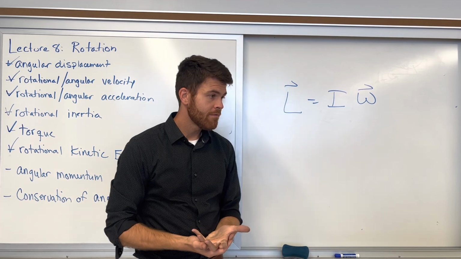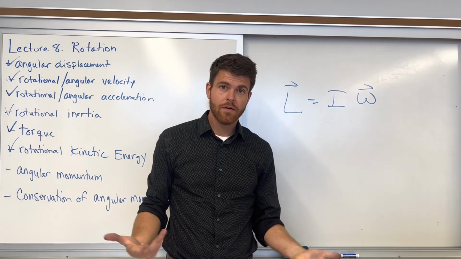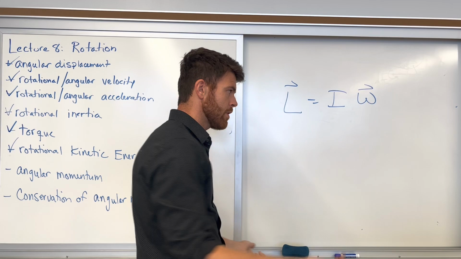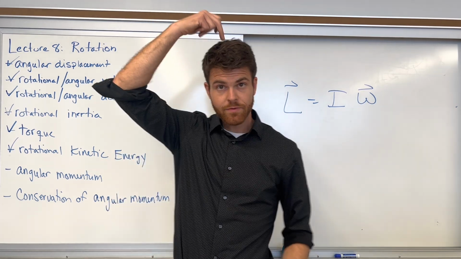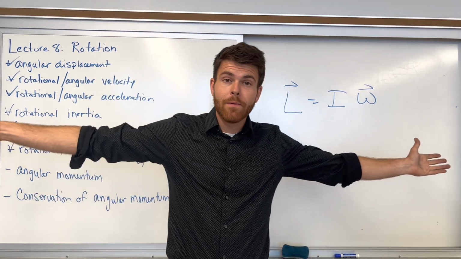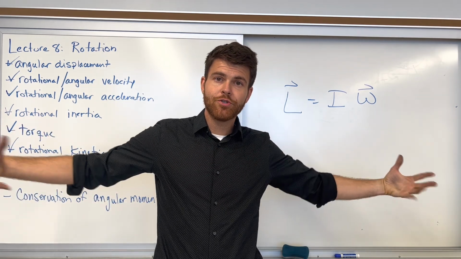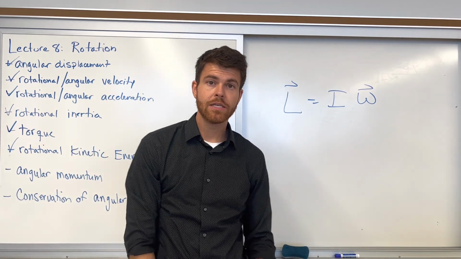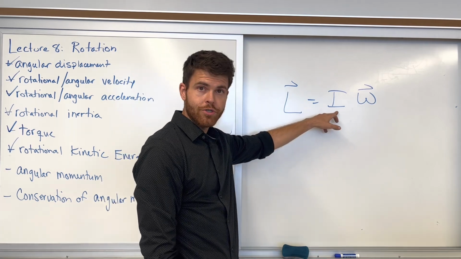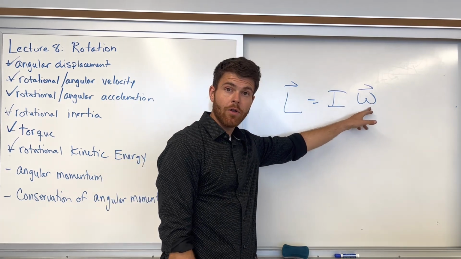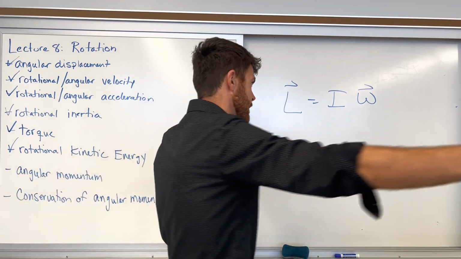So an application of this is if you've ever seen a figure skater, right, and they're twirling on the ice. They're rotating about this rotational axis. Now, if they hold their arms and their legs out, that means their mass is more widely distributed about the rotational axis, so they have a larger rotational inertia, which means they have a smaller angular velocity. Right?